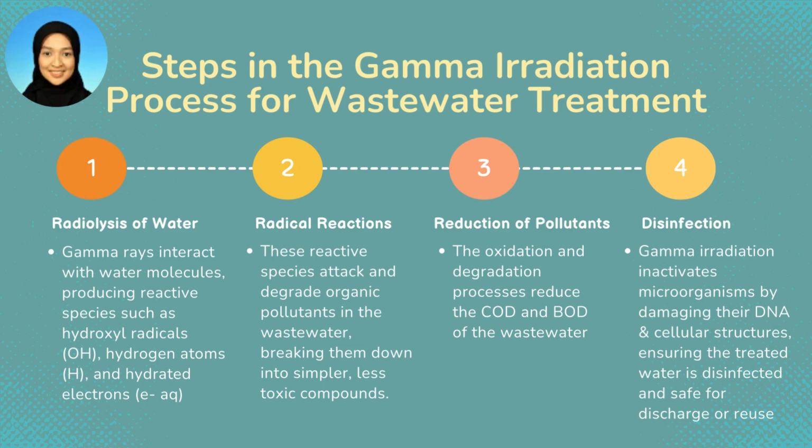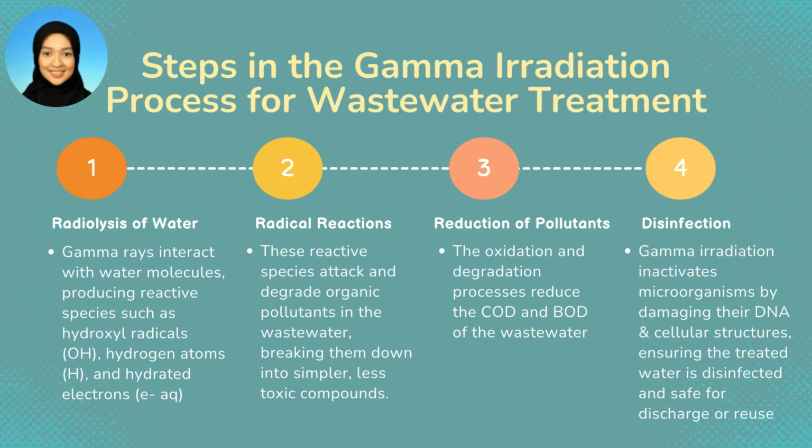This leads to the breakdown of complex molecules into simpler, less toxic compounds. Third, reduction of pollutant. Through this reaction, the chemical oxygen demand (COD) and biological oxygen demand (BOD) are significantly reduced, as the pollutants are transformed into carbon dioxide, water, and other benign substances.